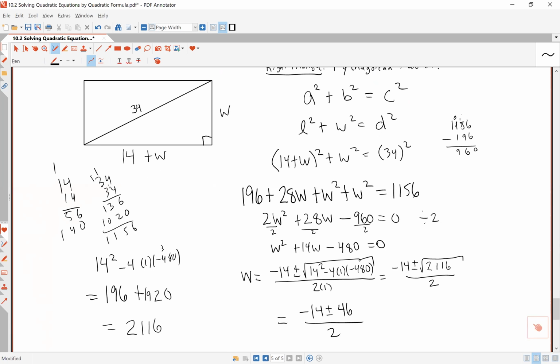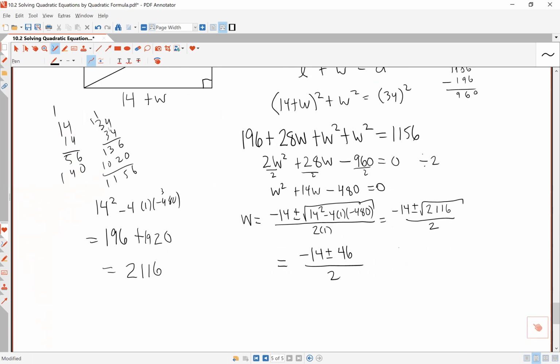And so then our two solutions are negative 14 plus 46, or negative 14 minus 46.